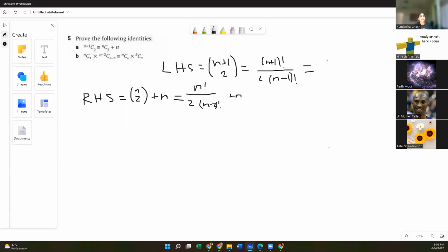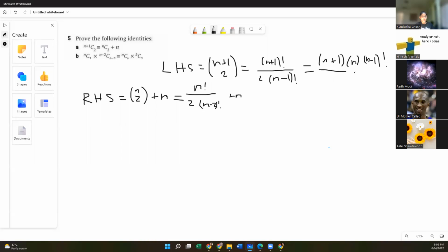So what can n plus 1 factorial be rewritten as? Well, you have that n factorial is equivalent to n times n minus 1 factorial, right? So n plus 1 factorial can be rewritten as n plus 1 times n factorial, or you can do n plus 1 times n times n minus 1 factorial, right?